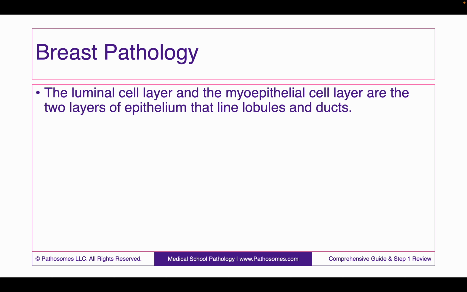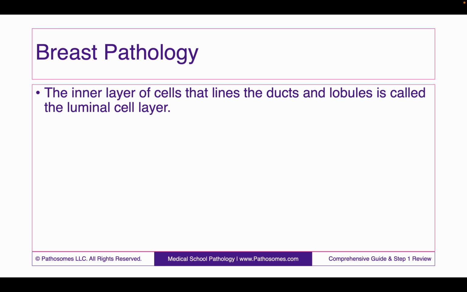And you know that the luminal cell layer and the myoepithelial cell layer are the two layers of epithelium that line lobules and ducts. That's important from a histological standpoint. The inner layer of cells that lines the ducts and lobules is called the luminal cell layer.